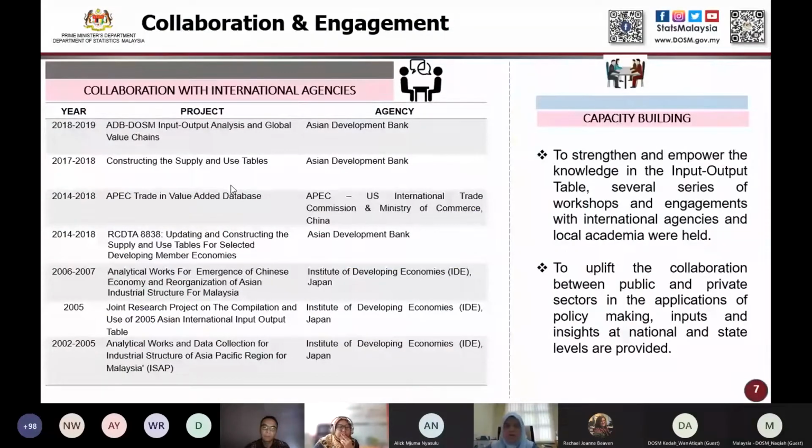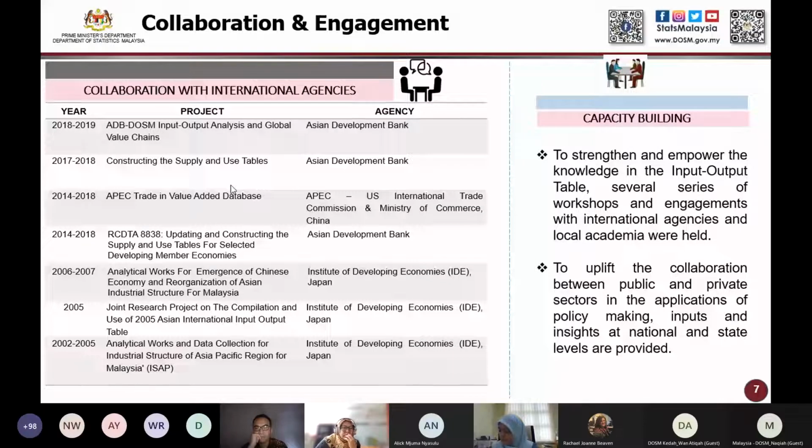Okay, for collaboration and engagement in the compilation of the input-output table, Malaysia has collaborated and engaged with international and internal agencies. DOSM has various collaborations with international agencies, especially in projects for constructing supply and use tables and input-output tables. DOSM has had long collaboration with ADB on constructing supply and use tables, input-output analysis, as well as global value chains analysis since 2017.